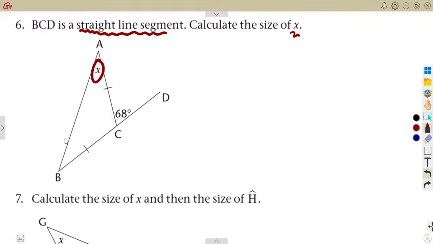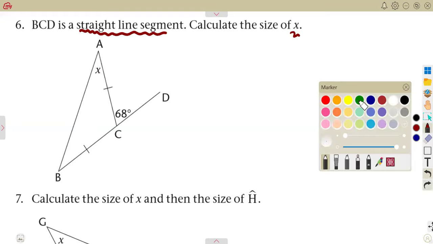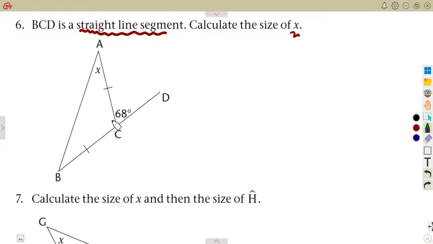There are so many ways that we can use to calculate this angle x. One, we can consider that this is a straight line, and definitely we can obtain this other angle C here from 180 degrees. Angles on a straight line add up to 180 degrees.